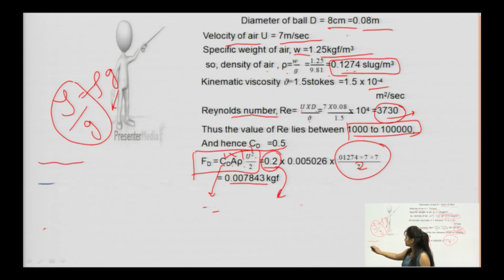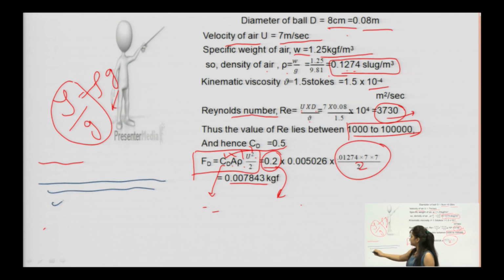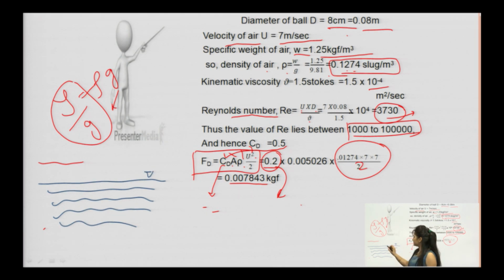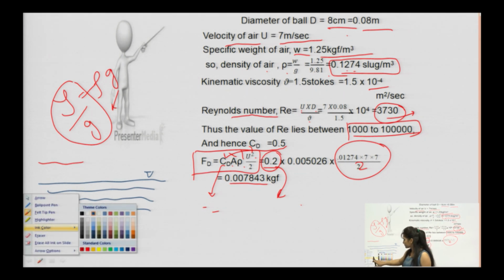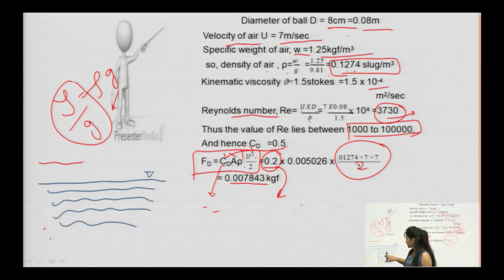Let us suppose this is fluid over here, there is a fluid and this is the free surface, and again there comes a body. Let us consider this is a spherical body.